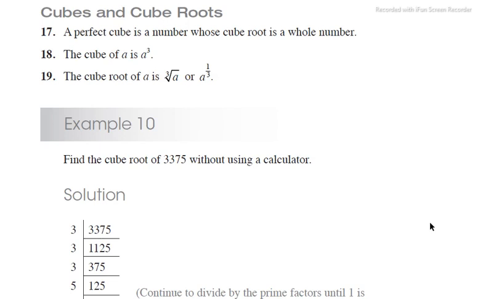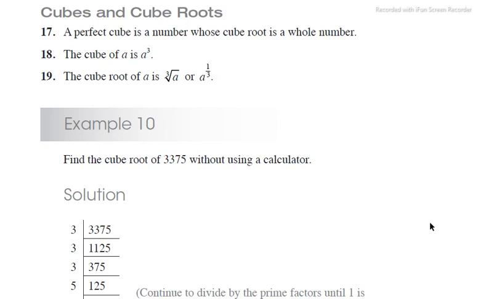But the cube root of 10 will give us an irrational number. And the cube of a number literally means that number to power 3. So if any number is to power 3, then it is a cube.